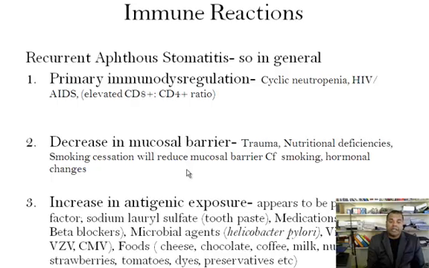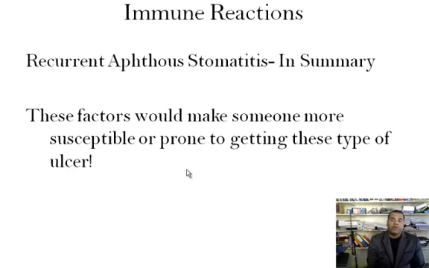Increase in antigenic exposure appears to be a primary factor, things such as sodium lauryl sulfate in toothpaste, medications such as non-steroidal anti-inflammatory drugs, beta blockers, microbial agents such as Helicobacter pylori, and viruses have been implicated, as well as foods, and so on. So in summary, these background factors would make someone more susceptible or prone to getting this type of ulcer.